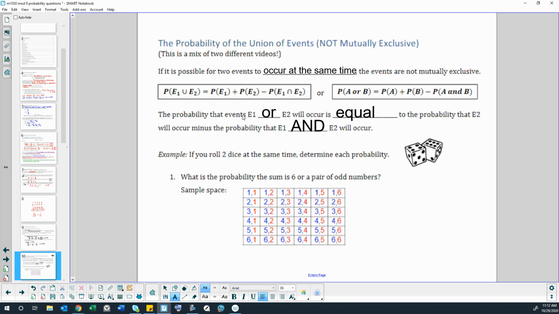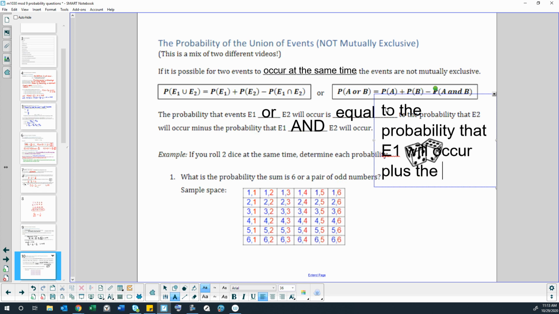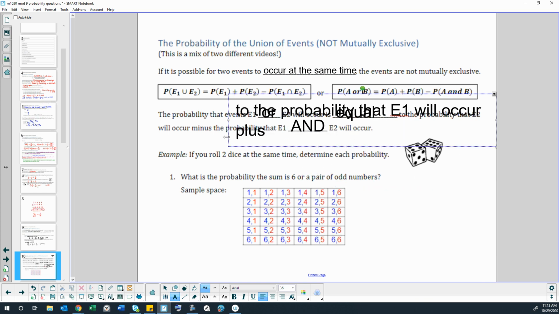So the probability that events E1 or E2 will occur is equal to the probability that E1 will occur plus the probability, I guess we could end it right there, and then I'll show you how that fits in there.